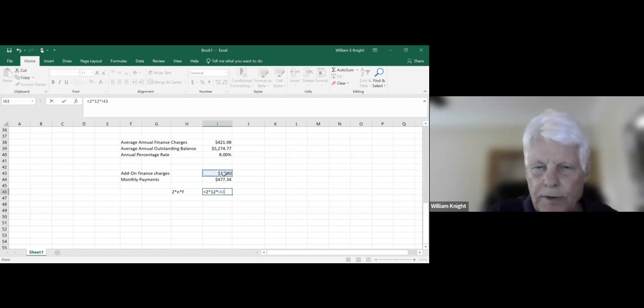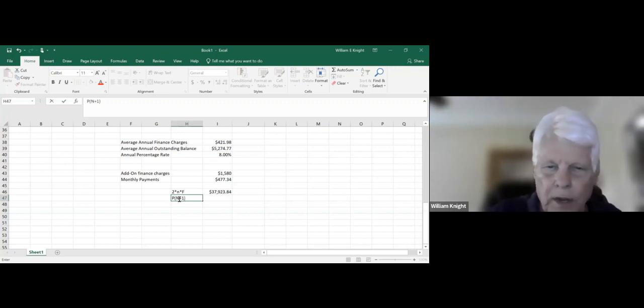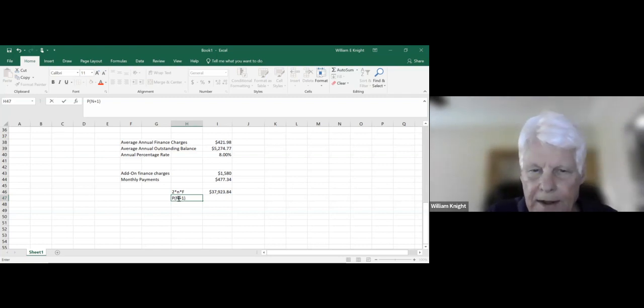There's the finance charges there. And here we will have P times N plus 1, where capital N is the total number of payments, which is 24.